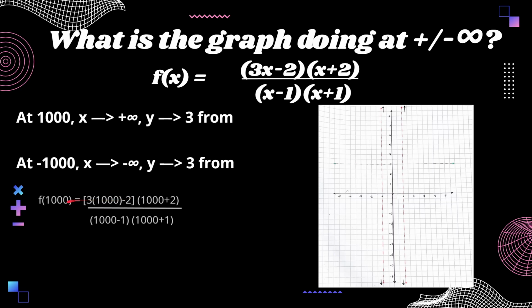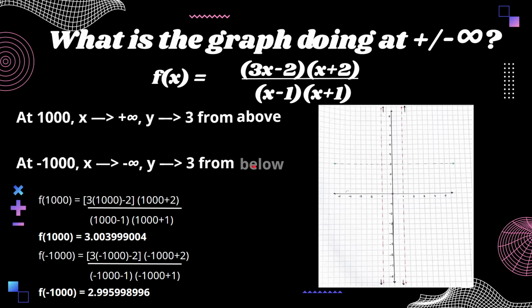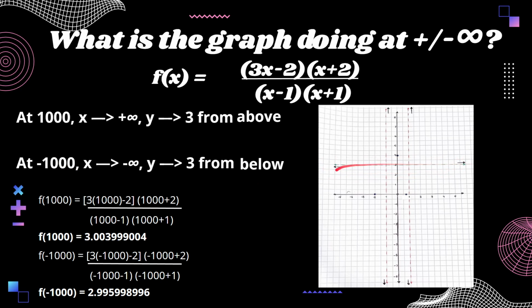So here I can just simply plug in positive 1,000 to give me this value, which is above 3, which is above our horizontal asymptote, which will tell me that y is approaching 3 from above. And similarly, I can plug in negative 1,000, which will give me a value below 3, which will tell me that y is approaching 3 from below. Here, I can simply plot these down, and let's move on.